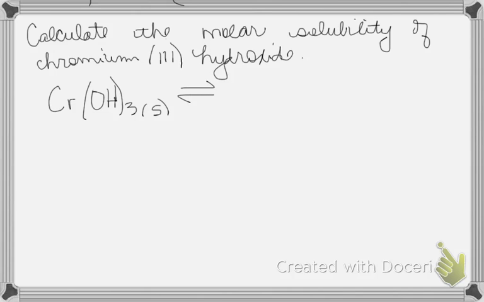So, can you do this? Write what ions it would be. It's the chromium 3 ion and 3 OHs.